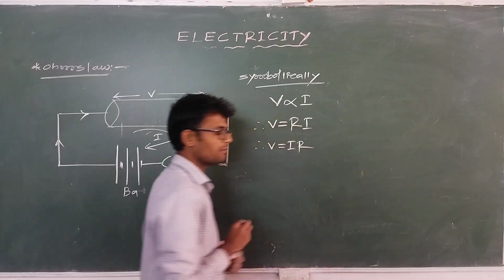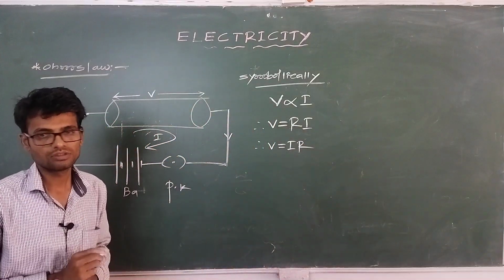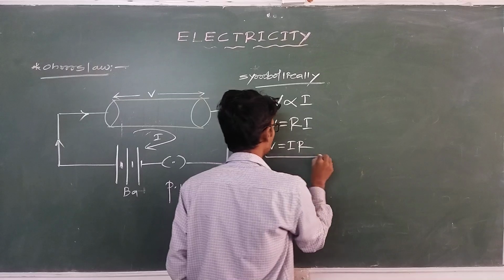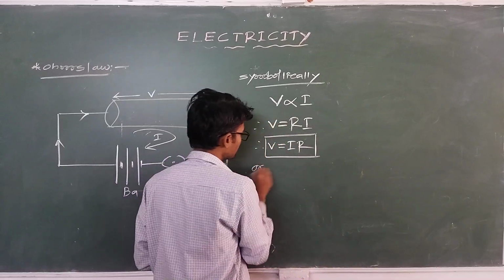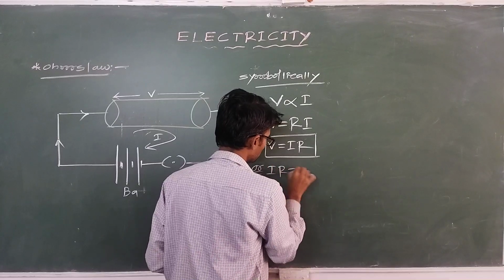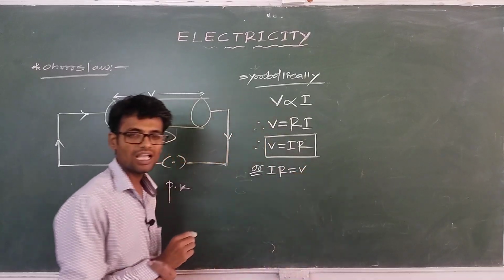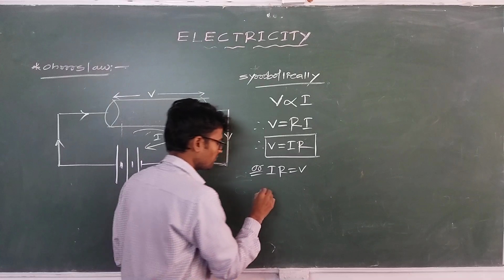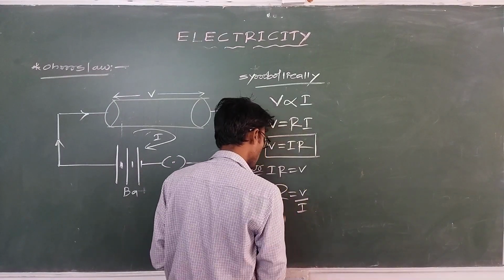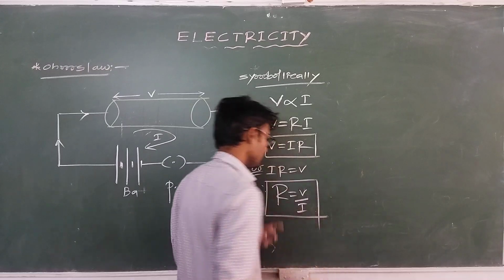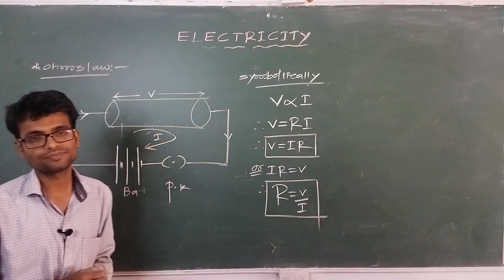This is called the mathematical expression of Ohm's law, or you can write this as IR is equal to V. So therefore R is equal to V by I. This is the resistance of the conductor.